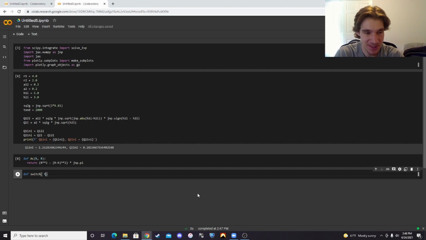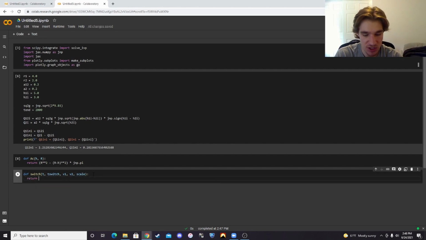Parameters for this are going to be time, the time at which we want to switch it, V1 or V initial, that's the initial flow rate, and then V2, the flow rate after, what we want to change it to. And then we also want to have a scale factor in there because we're going to be using a sigmoid function. This is going to return the sigmoid function as I just said, and we have to use JAX for this.